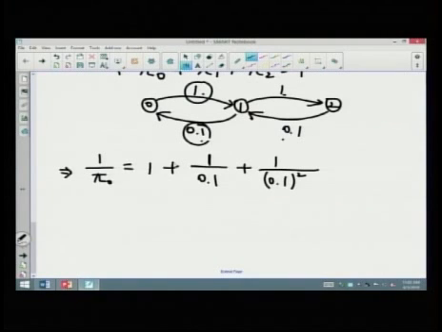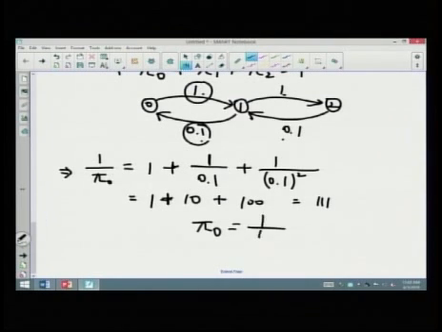So what is this? That's going to be 1 plus 10 plus 100. Is that right? Which is 111. So what is pi 0? Pi 0 is 1 over 111.